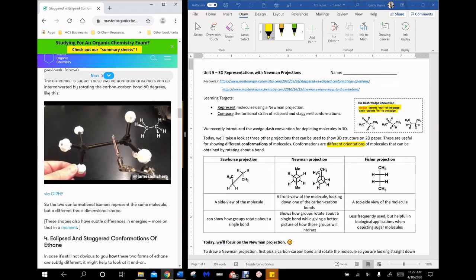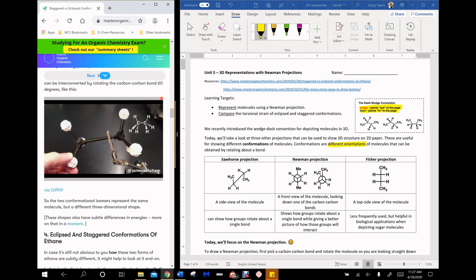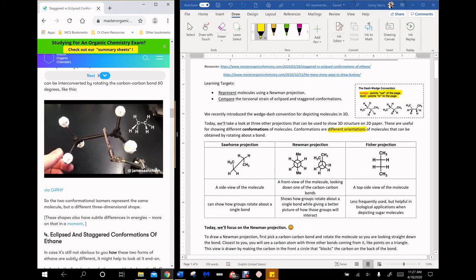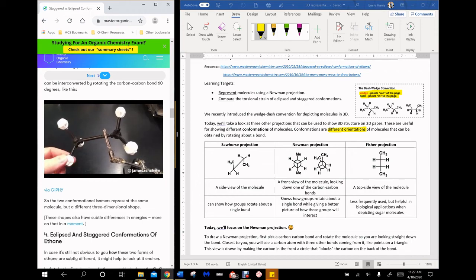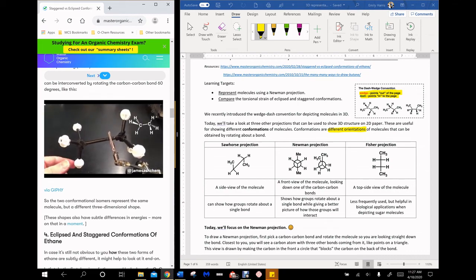Let me minimize this for a second and pull this one up. The sawhorse projection is one option, and it gives you a view of the molecule from the side. From this view, you can see how different groups may rotate about the bond, so it gives you a good, long, extended single bond.